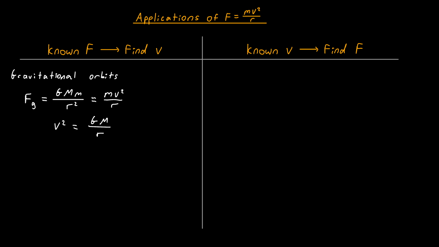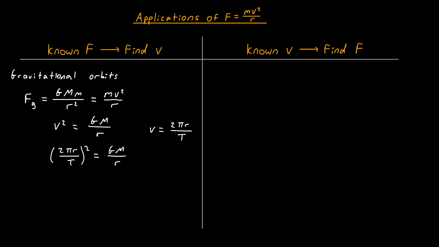Now, one cool thing you can do from here when you know the speed of your orbit is to actually compute the period of your orbit, or how much time it takes to go one full circle. To do that, all we have to do is substitute v equals 2 pi r, the distance you travel, over T, the time it takes to travel that distance. And so we find that (2 pi r over T) squared is GM over r.